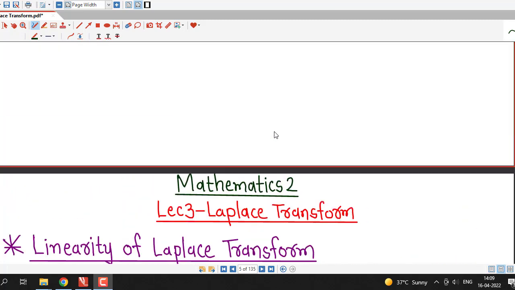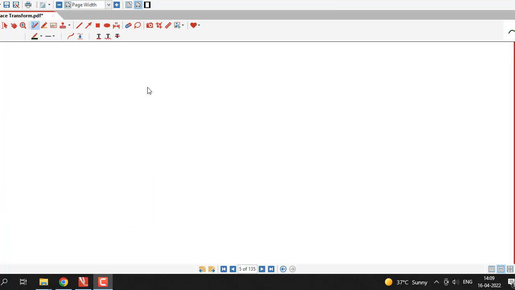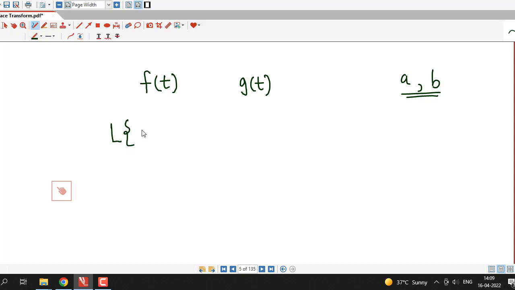So first we understand what the linearity property is. Suppose we have two functions, f of t and g of t, and suppose a and b are constants, any real numbers. Then suppose we want to find the Laplace transform of a times f of t plus b times g of t.